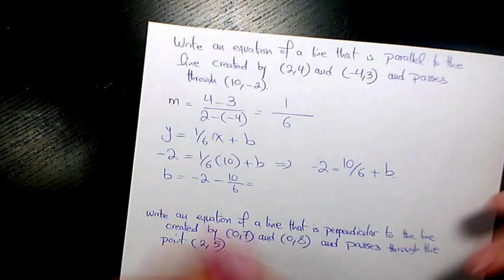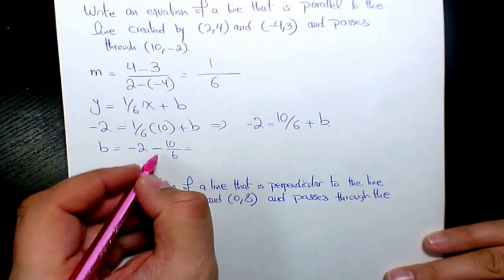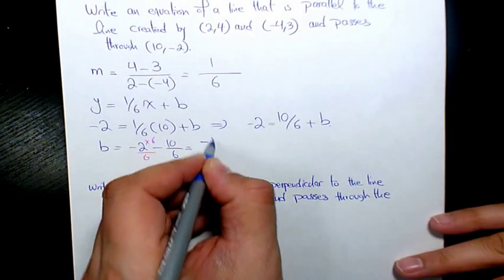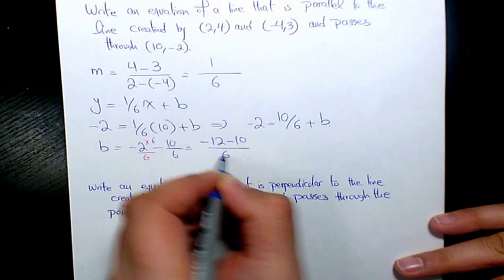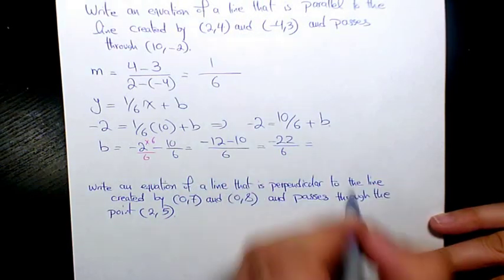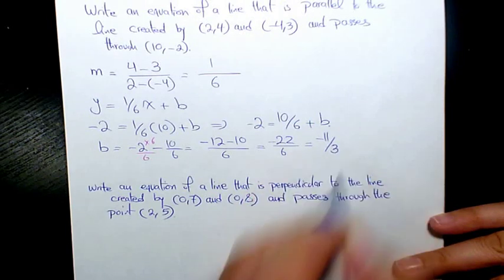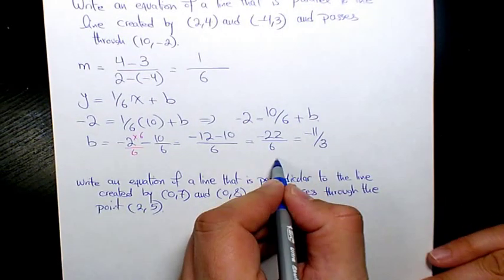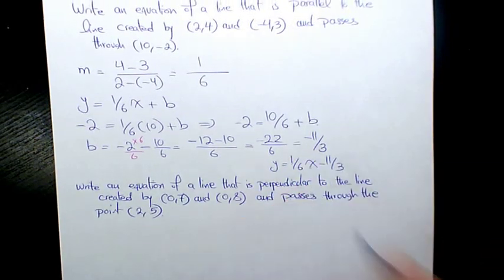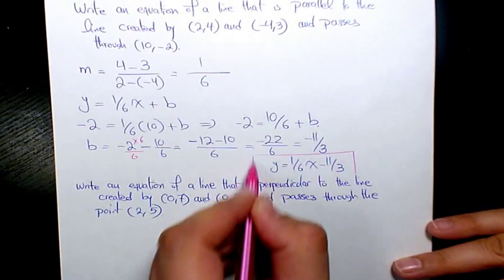When you do the common denominator, it's going to be -12 minus 10 divided by 6, which is -22 over 6. When you reduce it, it's -11 over 3. So the final equation is y equals 1 over 6x minus 11 over 3. That's the equation of the line.